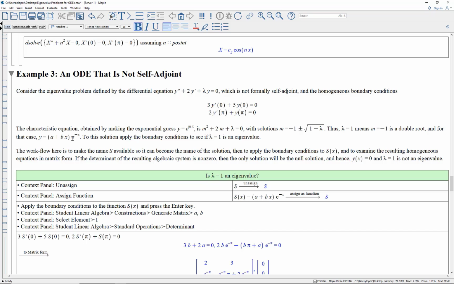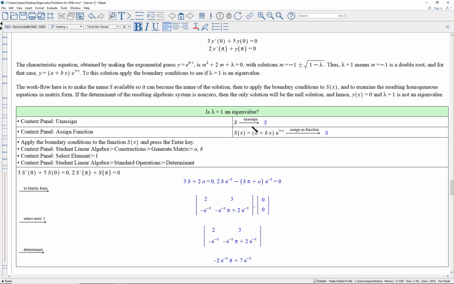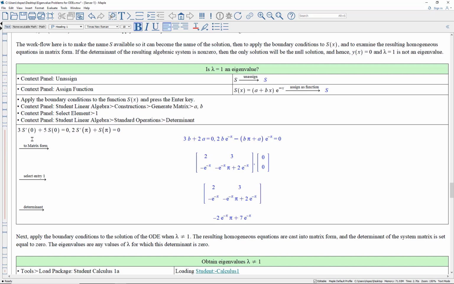And it is to this solution that you apply the boundary conditions to see if lambda equals 1 is an eigenvalue. So how did we proceed to do that? Well, I unassigned s, so I could use it to assign s of x as a function to this expression. Then I typed the boundary conditions. S prime now makes sense to Maple.